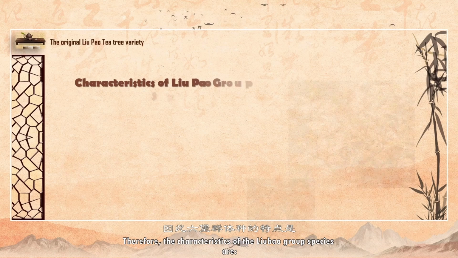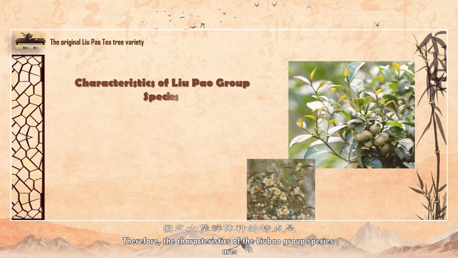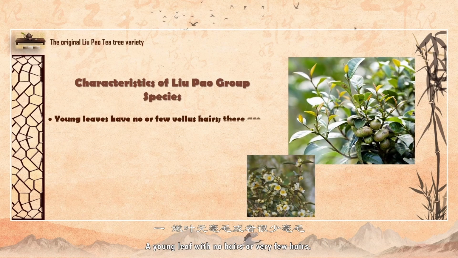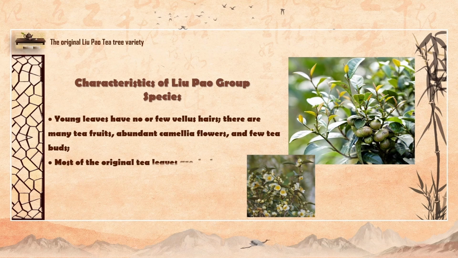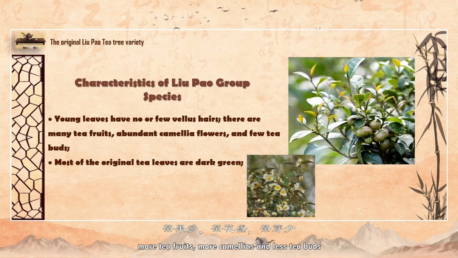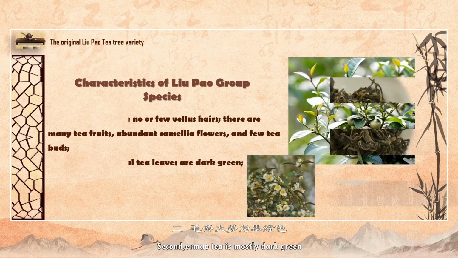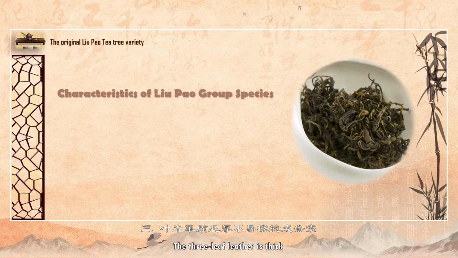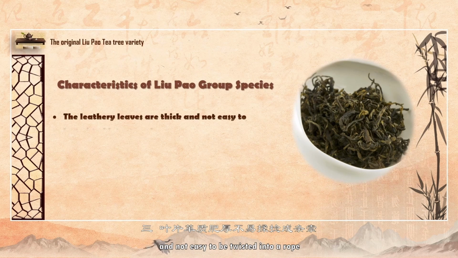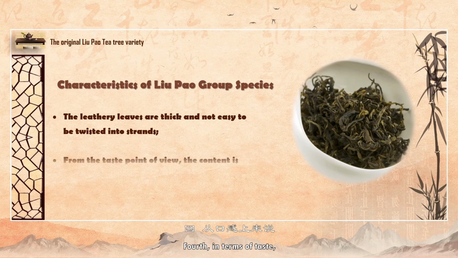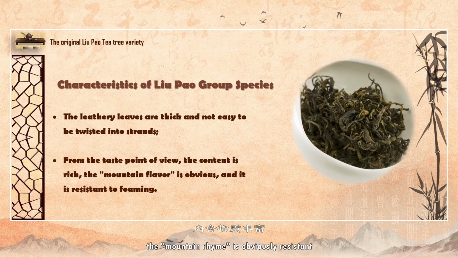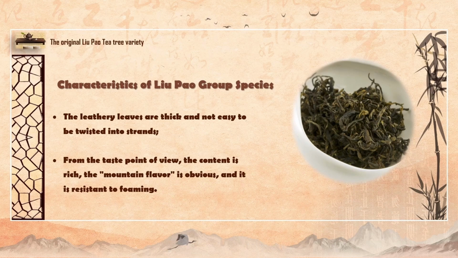Therefore, the characteristics of the Liu Bao group species are: first, young leaves with no hairs or very few hairs, more tea fruits, more camellias and fewer tea buds. Second, the leaves are mostly dark green. Third, the leaf leather is thick and not easy to twist. Fourth, in taste, the mountain rhyme is obvious, with rich substances and resistance to repeated brewing.